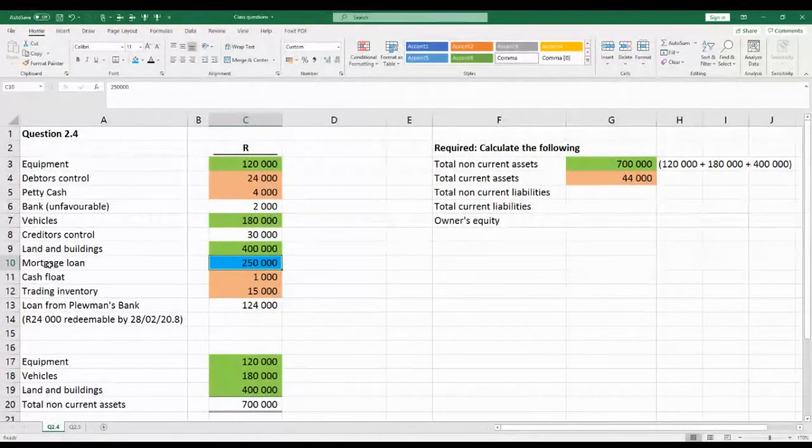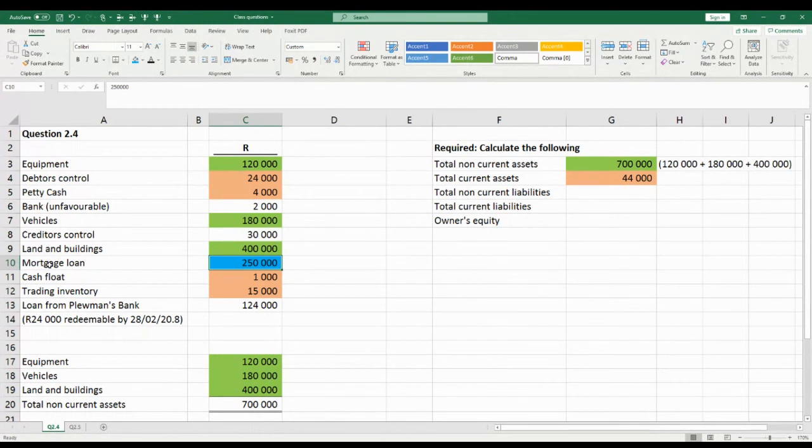Okay, so Bernice, when we talk about a bank unfavorable, firstly, let's see what unfavorable means. Unfavorable is my bank balance is not looking that pretty. When our bank balance is not looking pretty, it means I owe money. So unfavorable is it's not for my benefit.